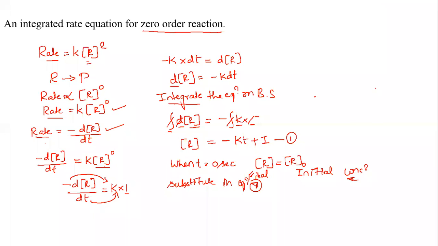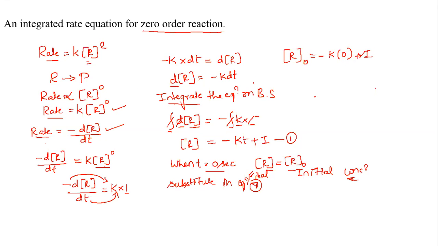Okay. So let us substitute those values in the equation 1. So I'll write it here. Okay. So equation 1 is R. So final value will be equal to initial value. So in the place of R, I am writing R naught is equal to minus K. T value will be 0. You can see here T value is 0 seconds and R value is R naught. So that I am substituting here, plus I as it is.